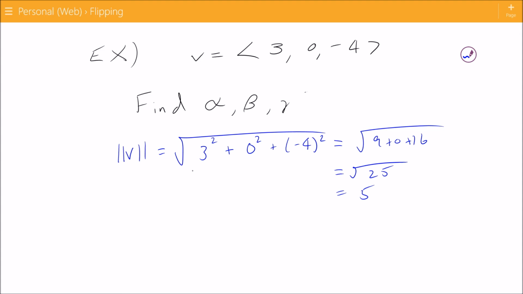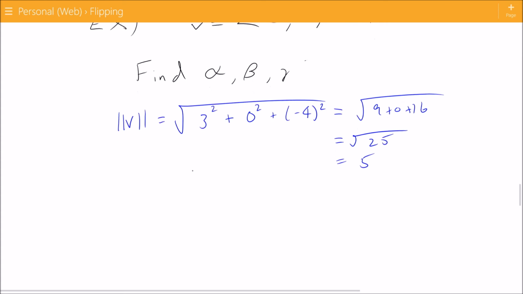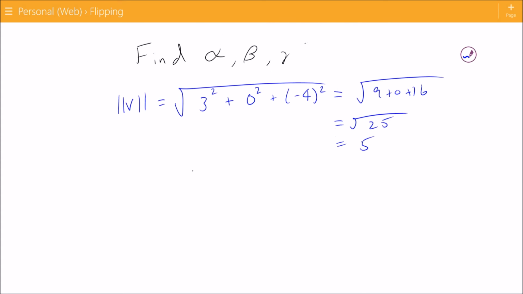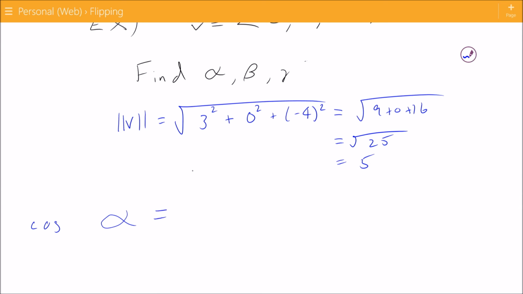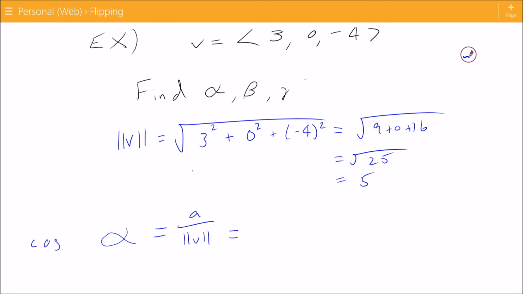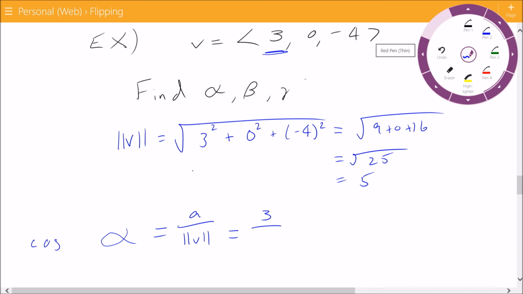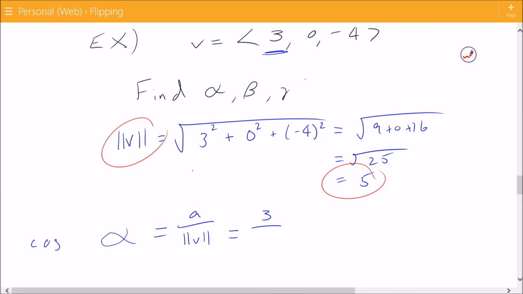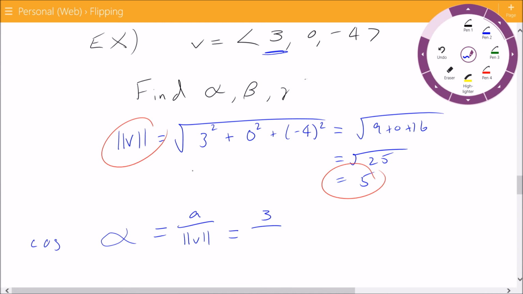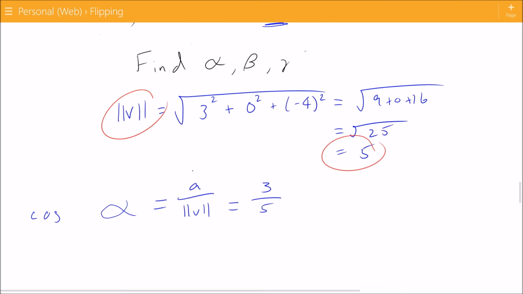Now I want to find the cosine of alpha. Cosine of alpha is equal to a over the magnitude of v. Substitute: a is 3, magnitude of v is 5, so 3 over 5.